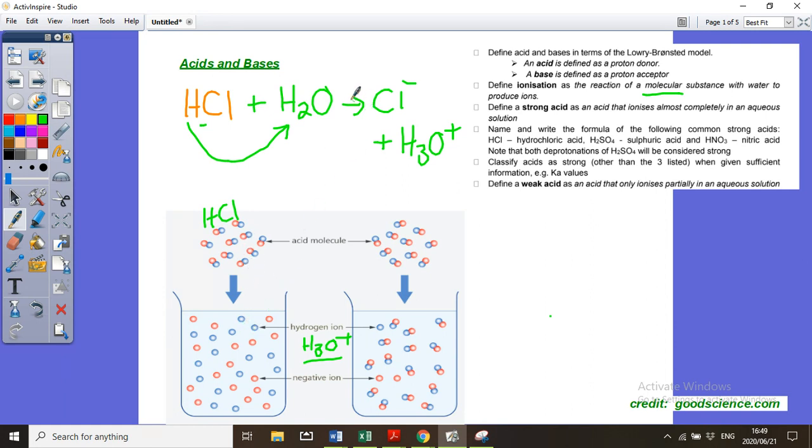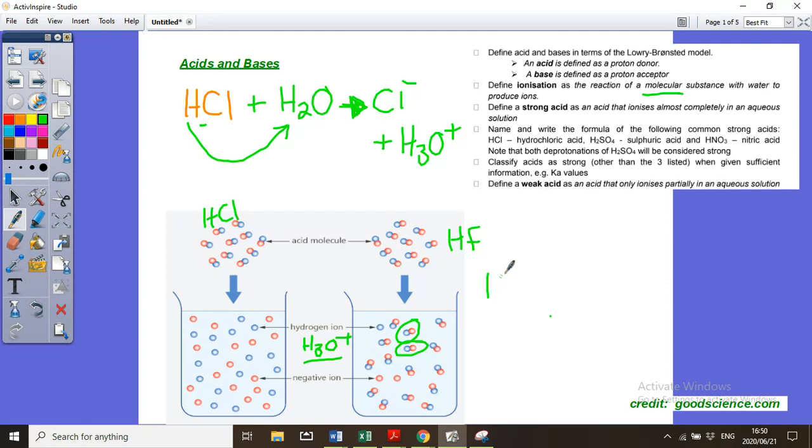So when I write this reaction, I'm going to write a one-way arrow because all my HCl's have reacted with H2O to form the ions. But if I look at a weak acid, for instance HF, some of the HF molecules will still be intact. You can see that in the particle diagram, and be careful in a multiple choice question, look out for that. They are still intact, and some of them have ionized.